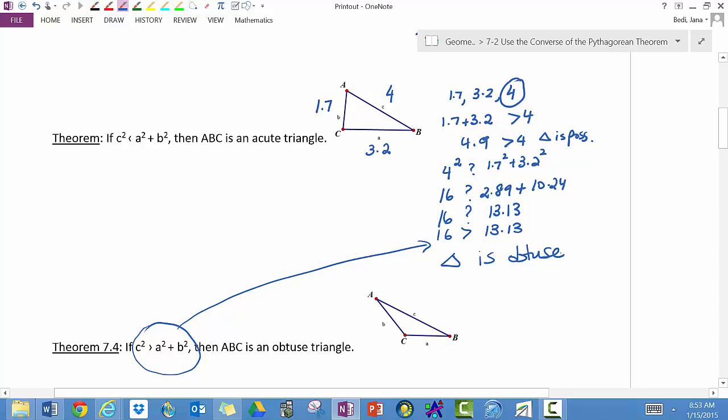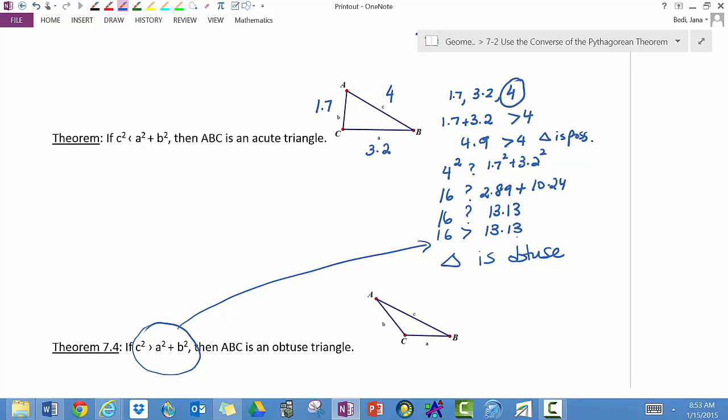If 16 was less than the number on the right hand side, if for whatever reason instead of 13.13 we had come up with the number 20, then it would be an acute triangle. So again, first check and see if the two shorter sides add up to more than the third side, then a triangle is possible.